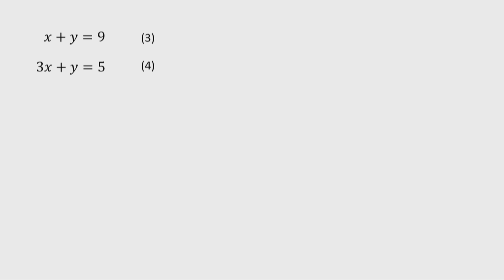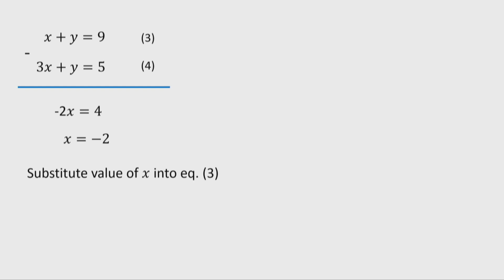So I will subtract these two equations. x minus 3x will give me minus 2x. y minus y, 0. 9 minus 5 equal to 4. So x will be equal to 4 over minus 2, which is minus 2.